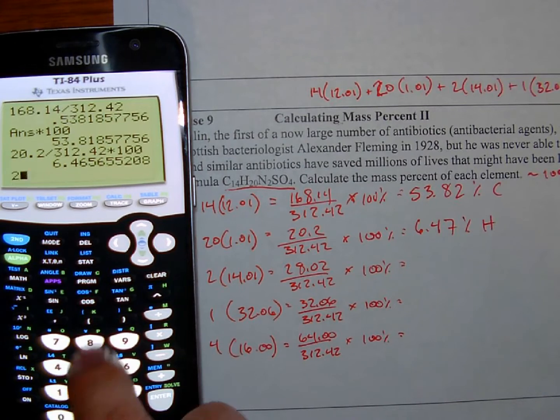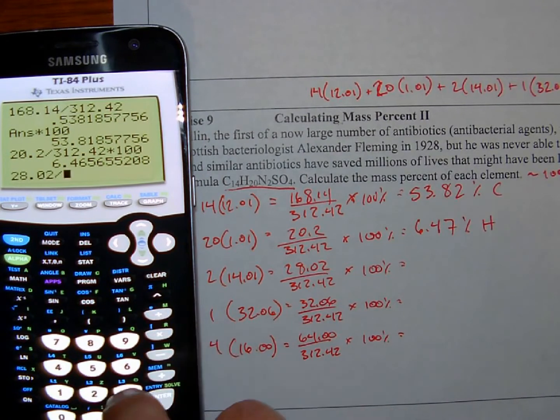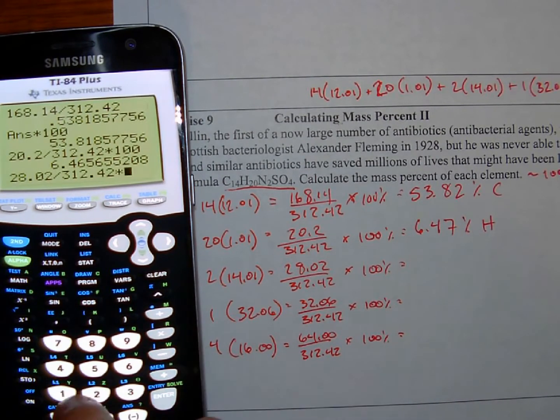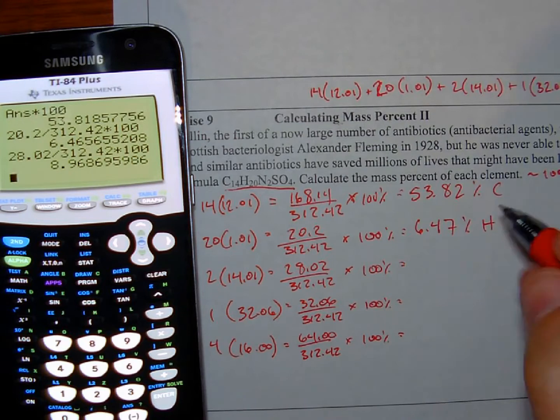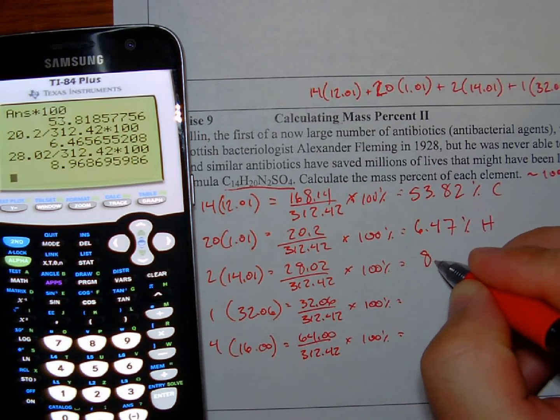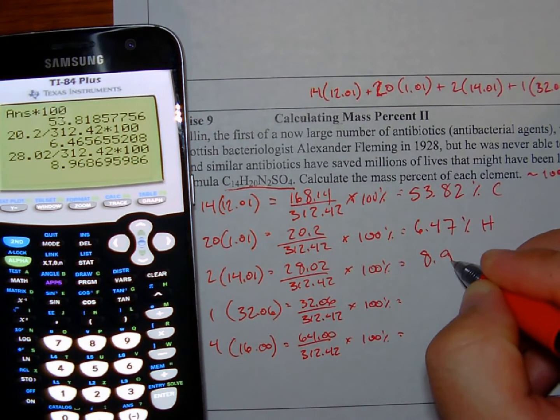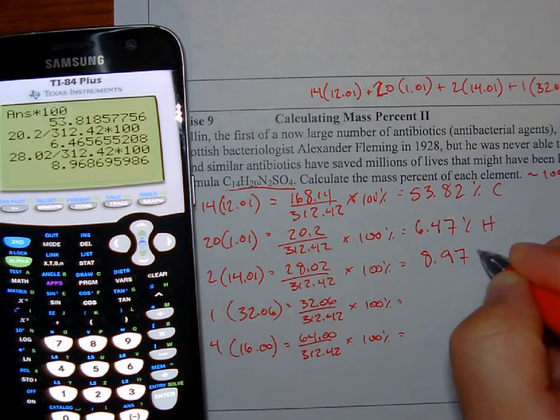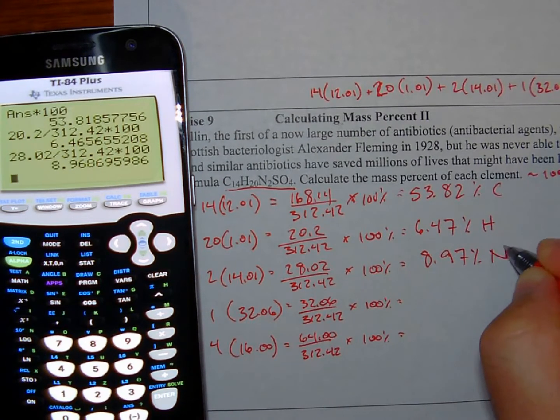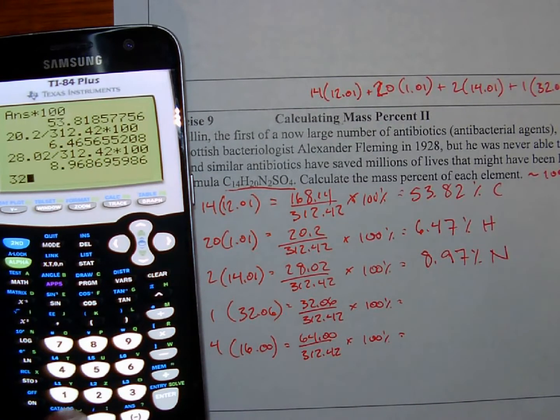And for nitrogen, with 8.9, that 8 tells me to round up to 8.97. Oop, missed the decimal.